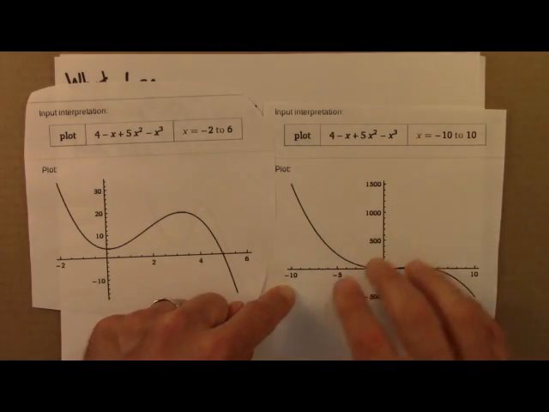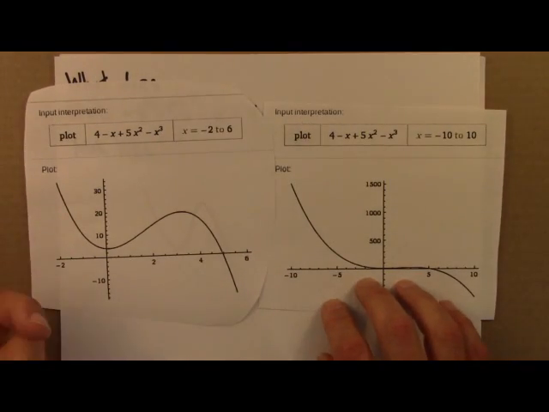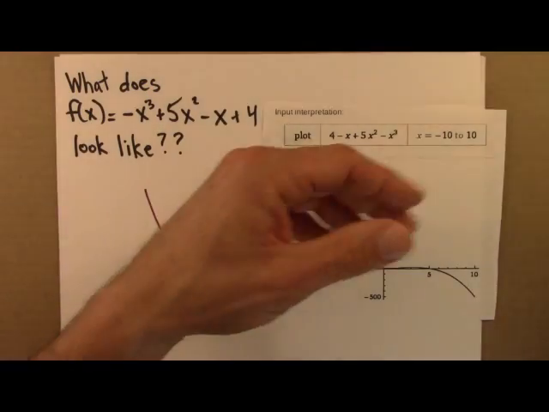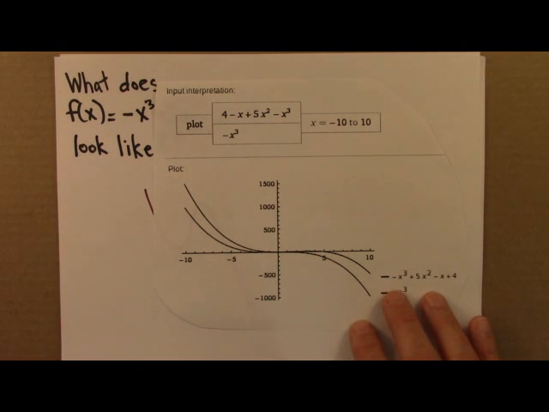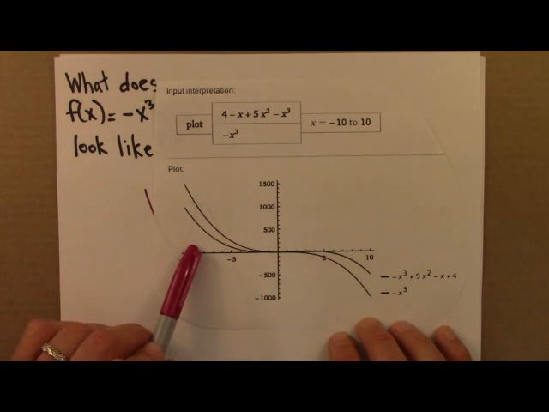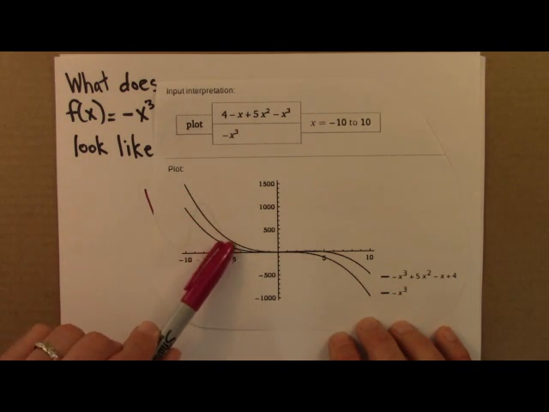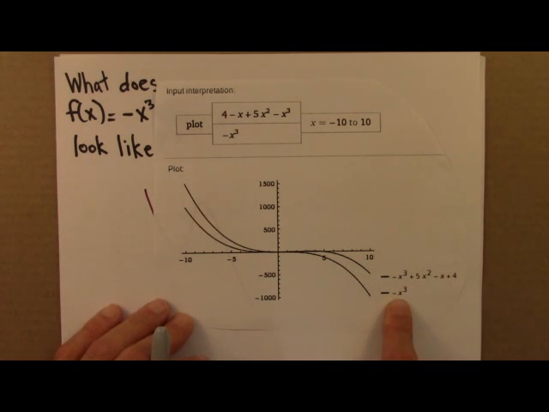It's almost like these terms aren't here at all, like it's just a minus x cubed. Let me illustrate that with this Wolfram Alpha plot. One of these curves is the full function, and this is just the cubic piece.